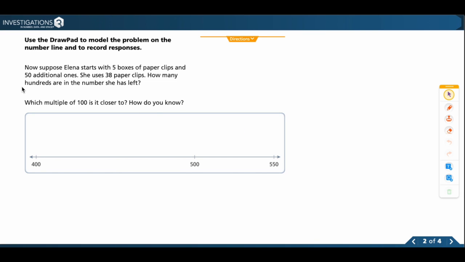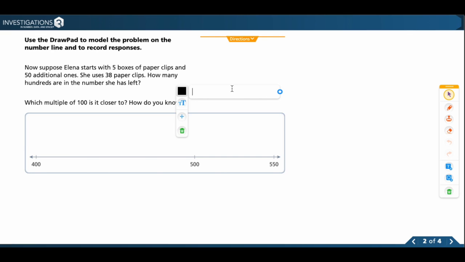So now I want you to suppose that Elena starts with 5 boxes of paper clips and 50 additional ones. She uses 38 paper clips. How many hundreds are in the number she has left? So first, let's take our notes to make sense of this problem.